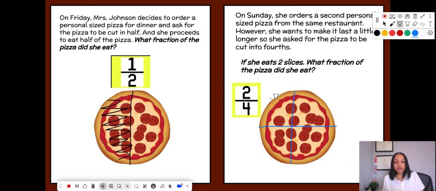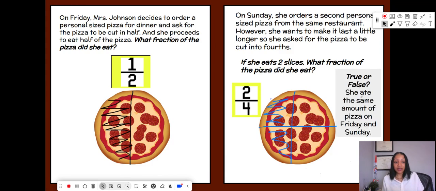You would be correct if you said 2/4. So she would eat this side of the pizza and this side of the pizza, and she would eat 2/4. Now, my lines are a little bit off because I'm trying to write on the computer, but let's say that they are the exact same size. She would have eaten the same amount of pizza because it's the same size pizza, and she would have eaten 2/4, which we know is equivalent to 1/2. So yes, she would have eaten the same amount of pizza.